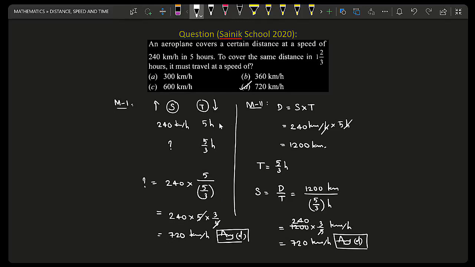Here 5 became 3 times less, so the speed should be multiplied by 3. 240 into 3 directly gives 720 kilometers per hour. That direct answer you can also give, but this is the standard method we can follow. Okay, very good, Srinesh. You can mute yourself.